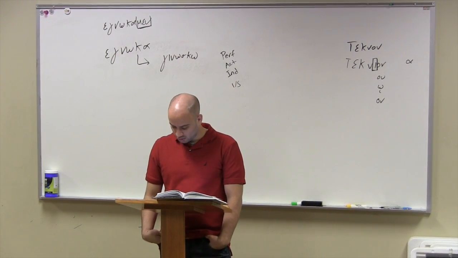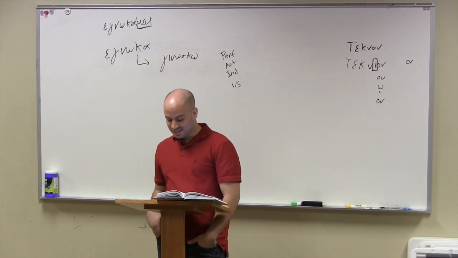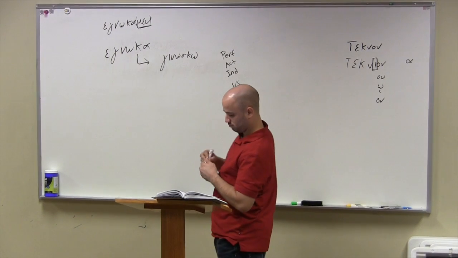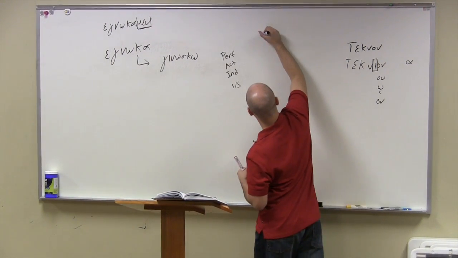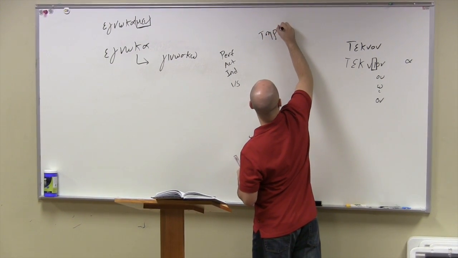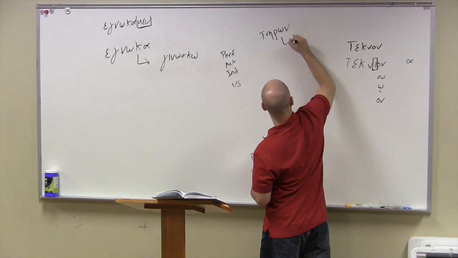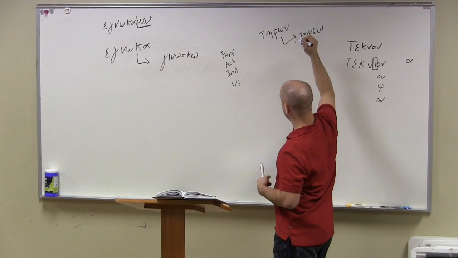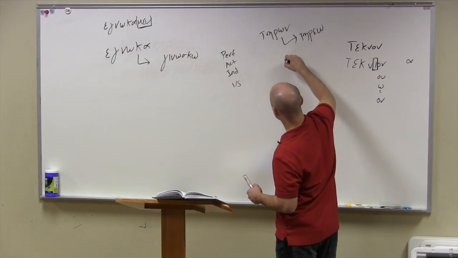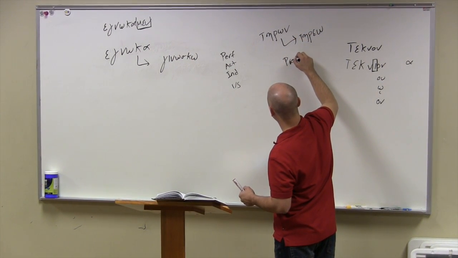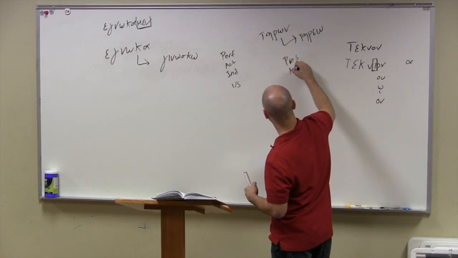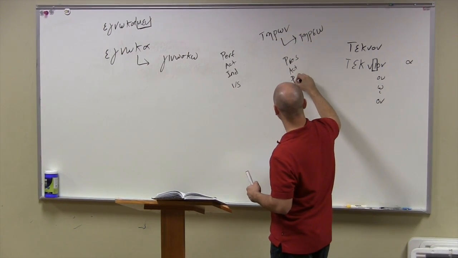All right, so agnoka. How about teron? Teron is from, we'll move quickly, Tereo. Any stem changes? No stem change. So it's a what? Present. What voice? Active. What mood? Participle.